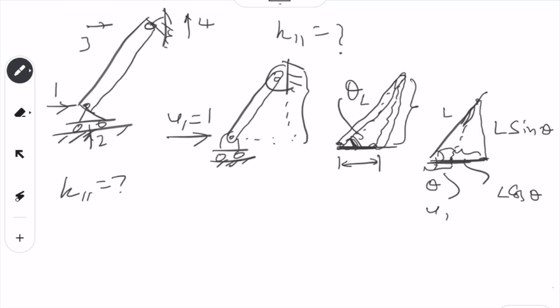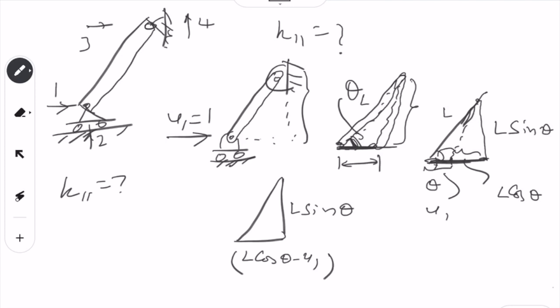Okay, and so this value is given, u1. So basically the new configuration that you have, if you see, is that we have L cos theta minus u1, okay, and here we have L sin theta, okay, and here we don't know what that is.